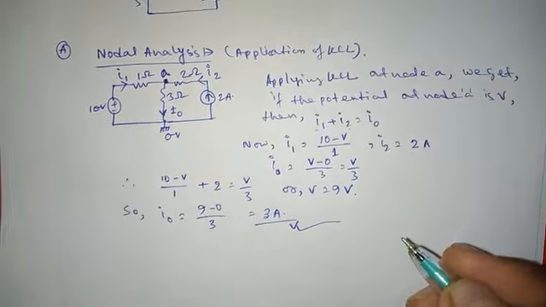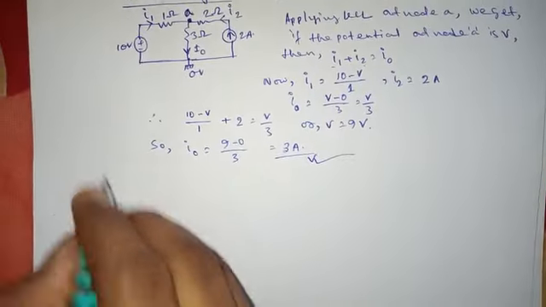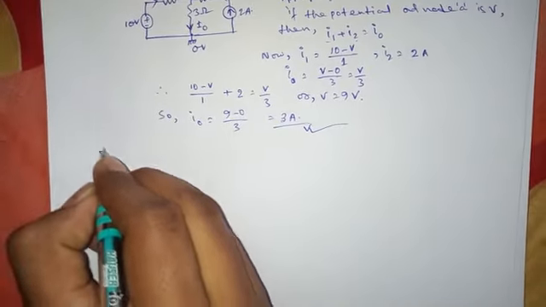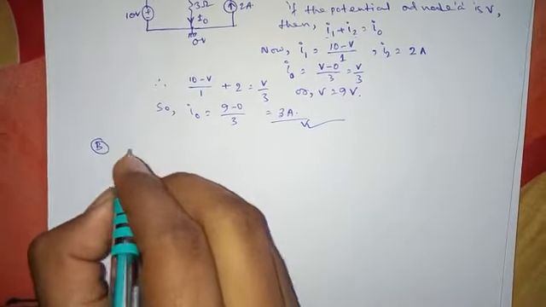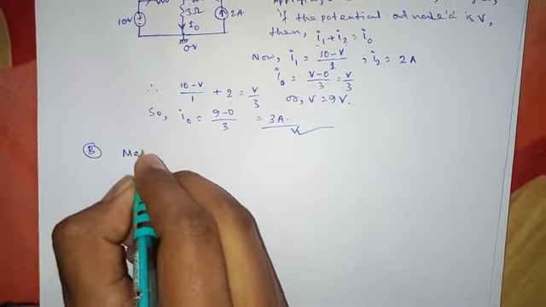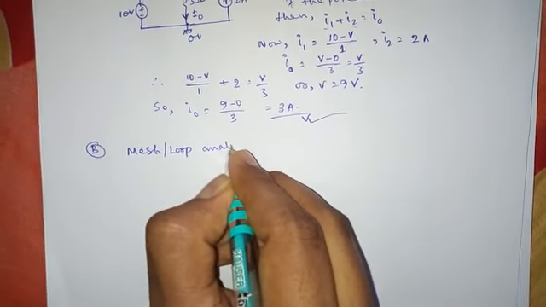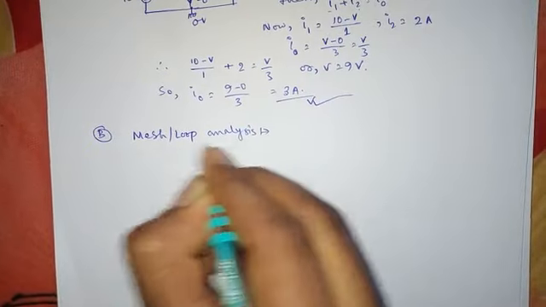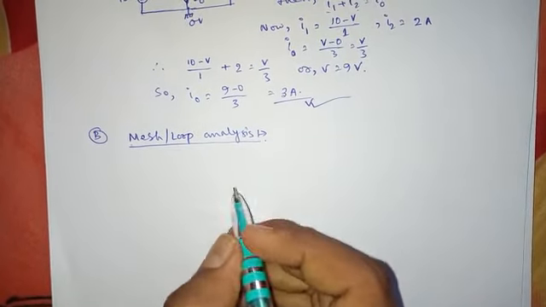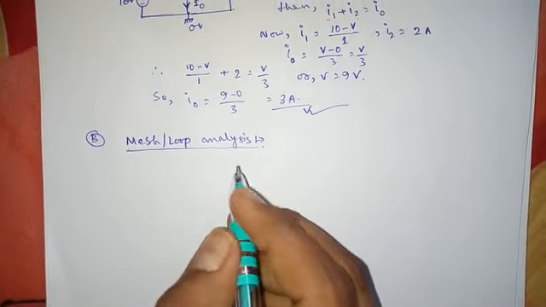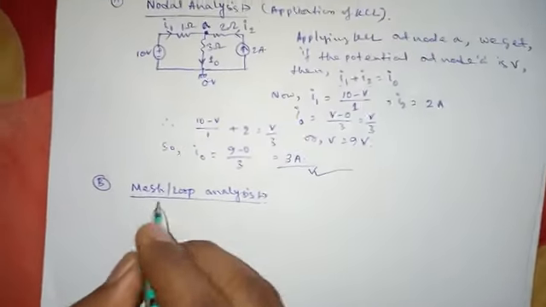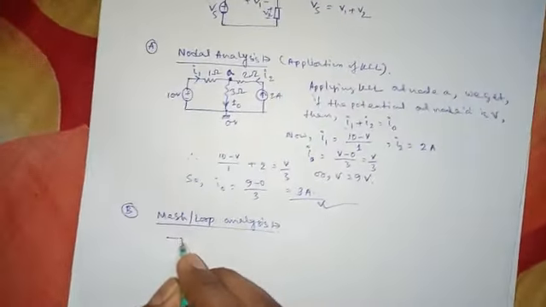This is the nodal analysis method. Now I am going to another analysis, which is mesh or loop analysis, for finding mesh or loop current. Here we have also taken a simple circuit.